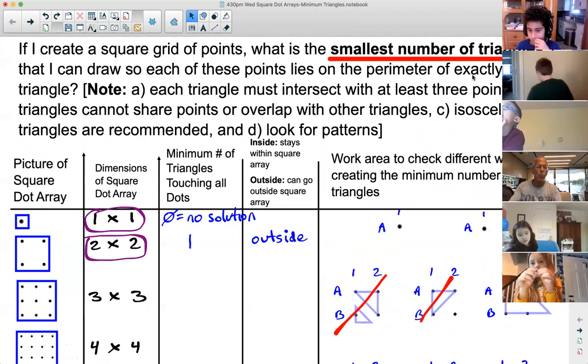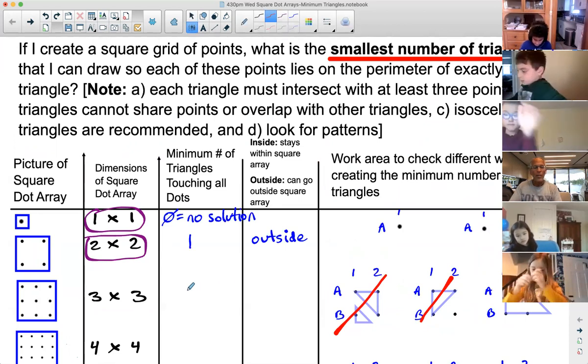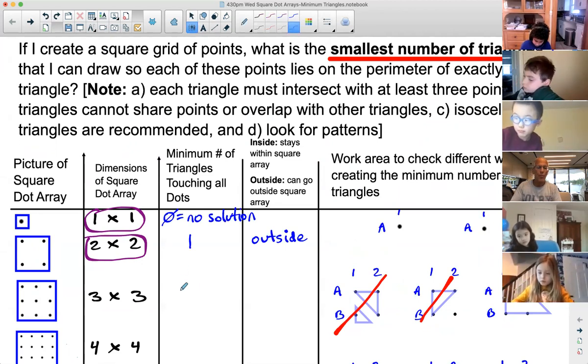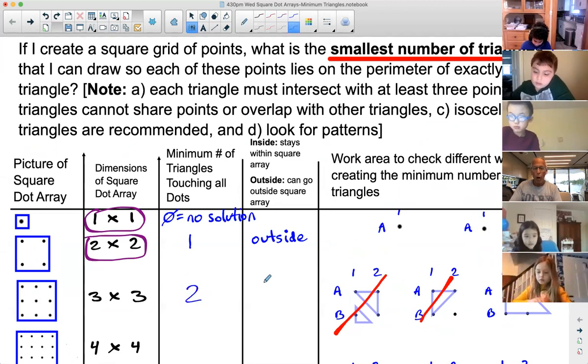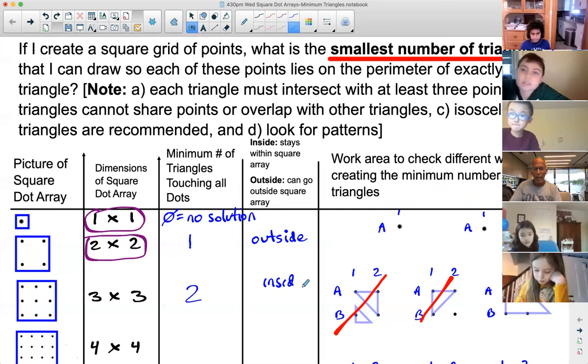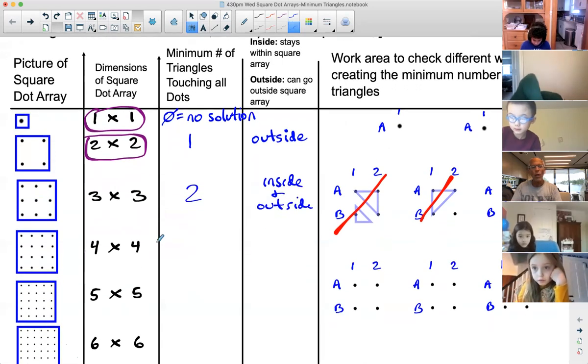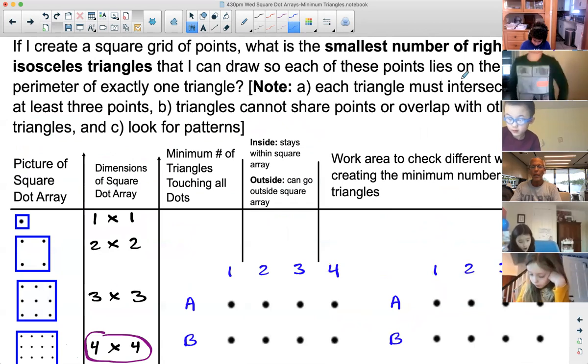Now, everybody go to their chart on page 1. We had 2 triangles for the 3x3 array. One was inside and one was outside. Now we're going to do the 4x4. Go to page 3, everybody. And this one should go faster.